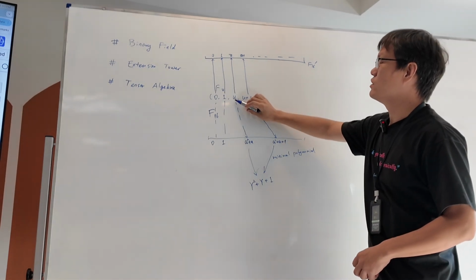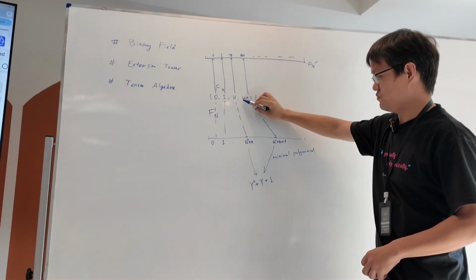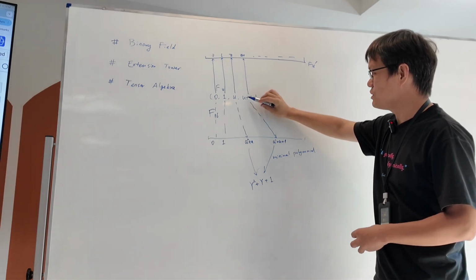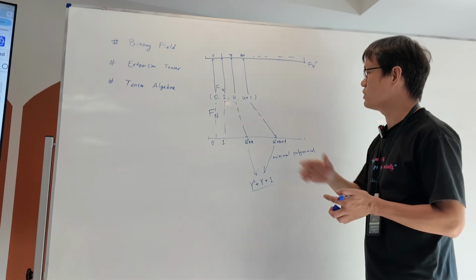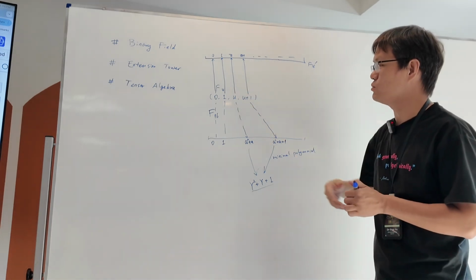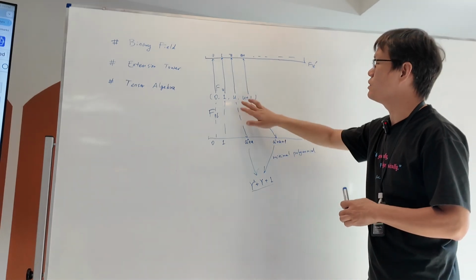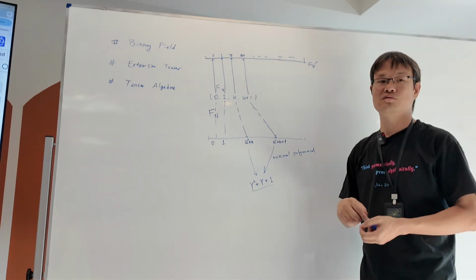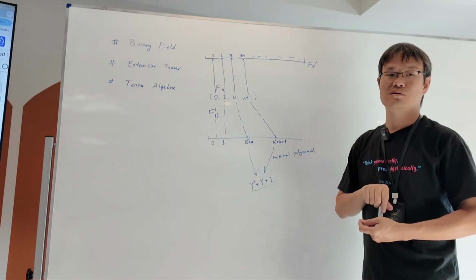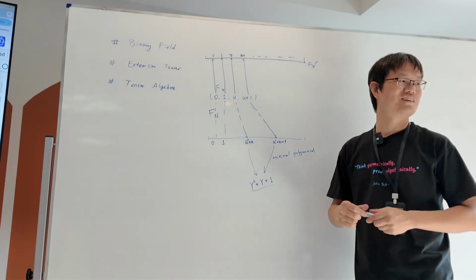And also, their minimal polynomials are the same polynomial. Why we can build the isomorphic map is because they belong to the same irreducible polynomial over F2. Okay, good.